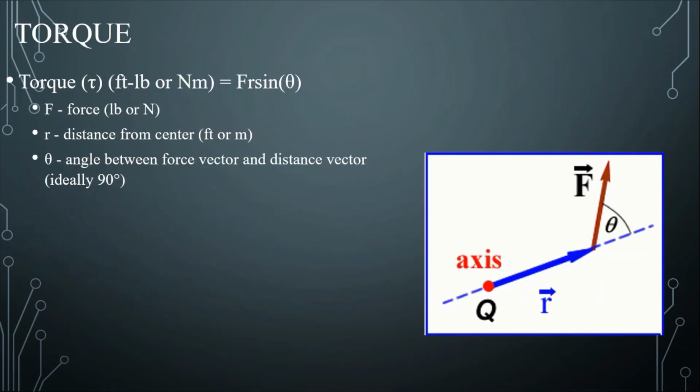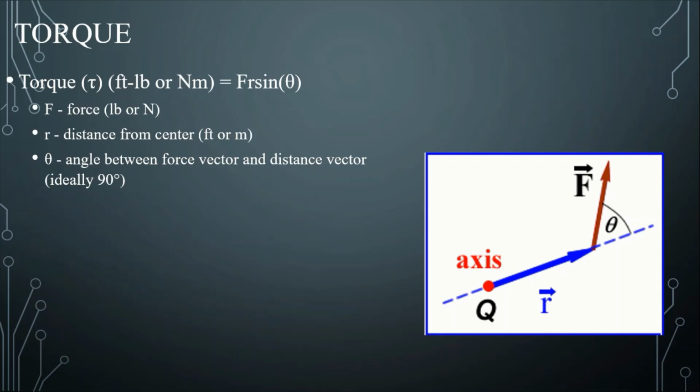Torque. Torque is found by multiplying force times the distance from the center times the sine of the angle between the distance and force vectors. In this graphic, you can see there's a force vector, a distance vector, and theta here is the angle between them. And ideally, you would want theta to be 90 degrees, because the sine of 90 is 1, and that is the highest value of sine that you can get.